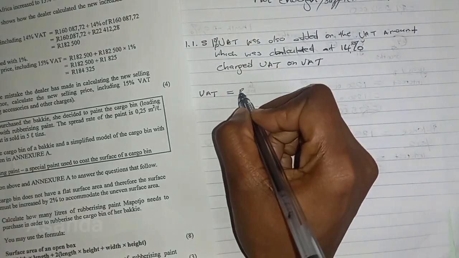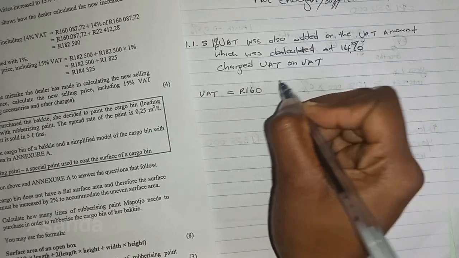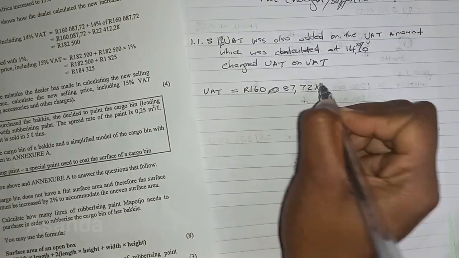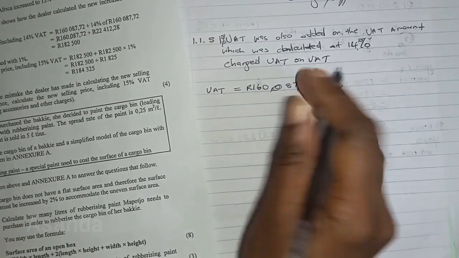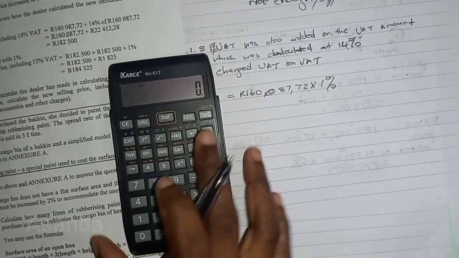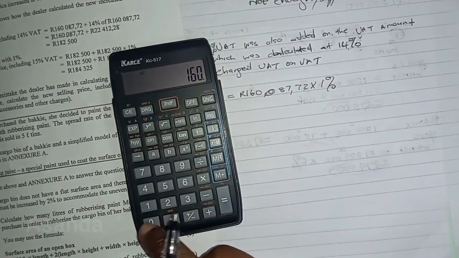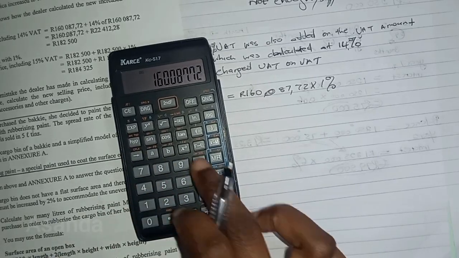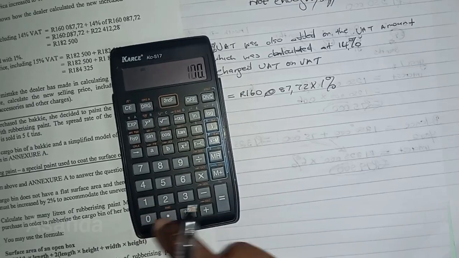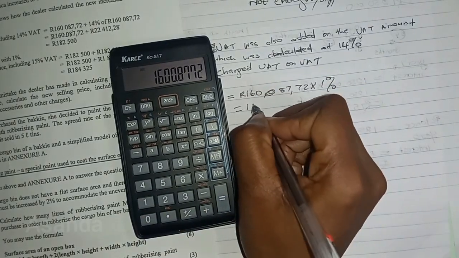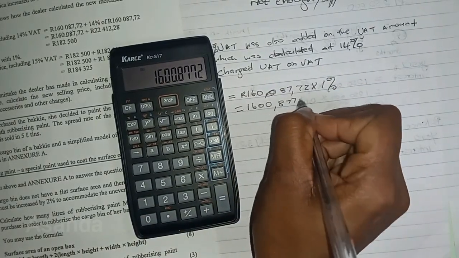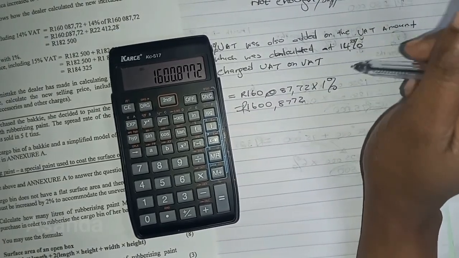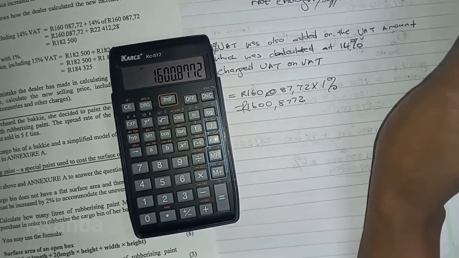So they should have done 160,087.72 times 1%, and that would have given them 1,600.8772 rands.